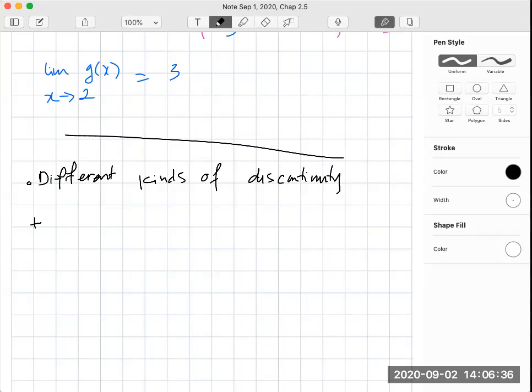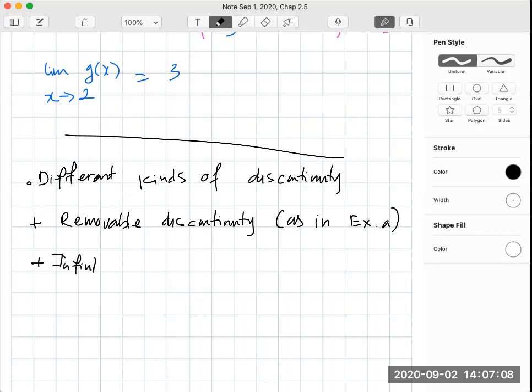The first one is removable discontinuity, which is in A. And the second one, the infinite discontinuity, as in the previous example in C, right?